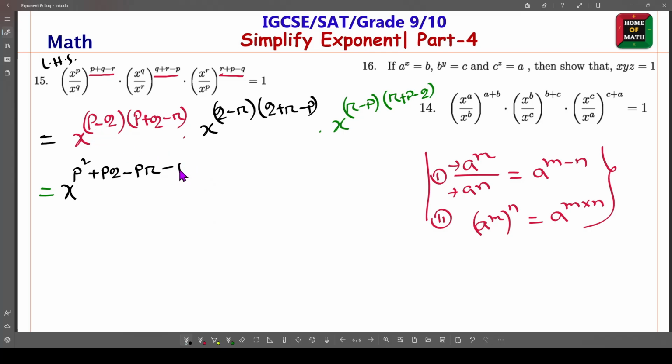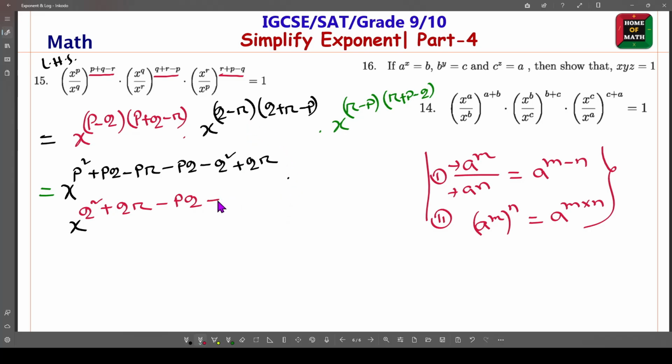So minus pq minus q square, minus and minus, it will be plus qr, we can write in here because space will not cover. Next, q and q, it will be q square, then plus qr, then minus pq. Okay.